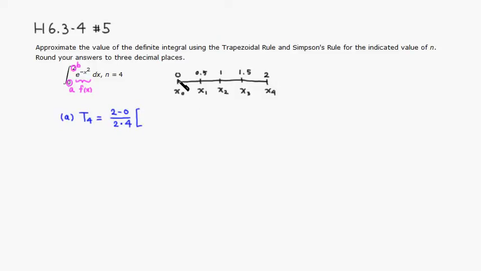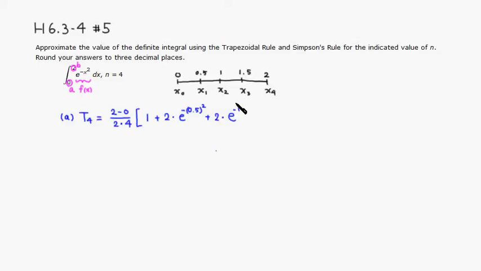Then you have, plug in the very first number, so plug in 0 in there, so e to the 0 is going to be 1, plus 2 times, plug in 0.5, so it's going to be e to the negative 0.5 squared, and plus 2 times e to the, plug in 1, so it's going to be negative 1 squared, which is just negative 1.